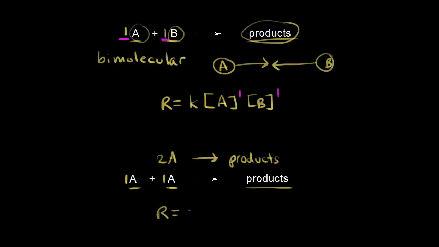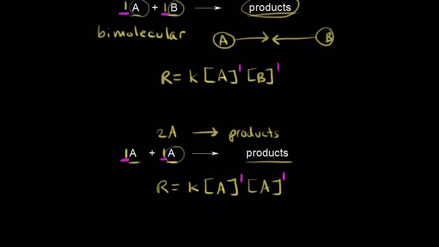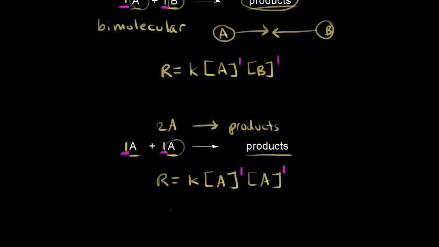The rate is equal to the rate constant K times the concentration of A, and we look at our coefficient here, which is a 1, so we make that to the first power, and then times the concentration of A again, and once again we look at our coefficient and we turn that into our exponent. And so this would just be the rate is equal to the rate constant K times the concentration of A, and this would be to the second power, right?